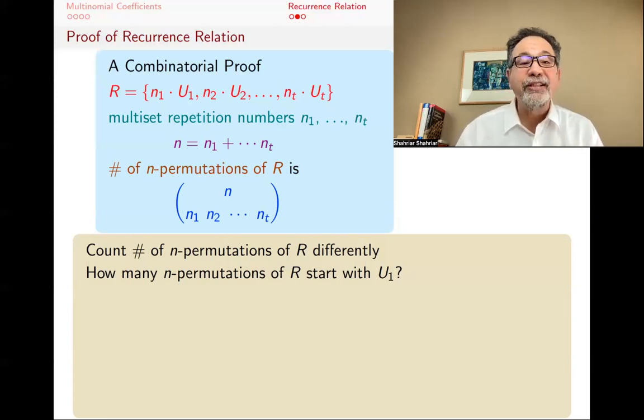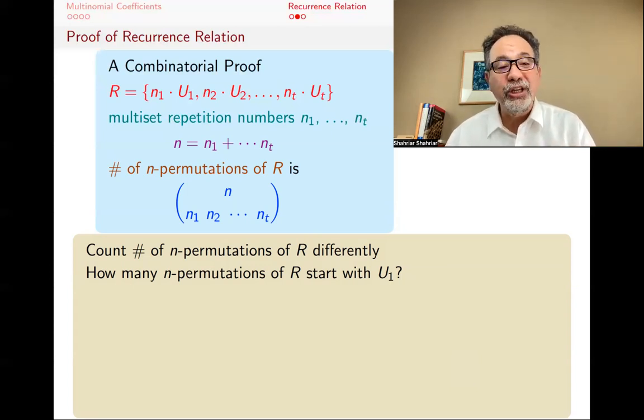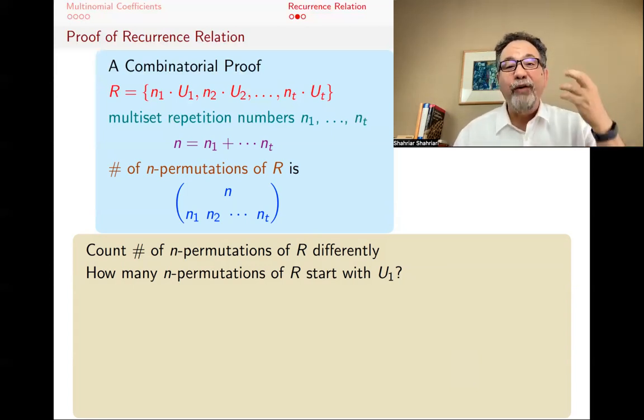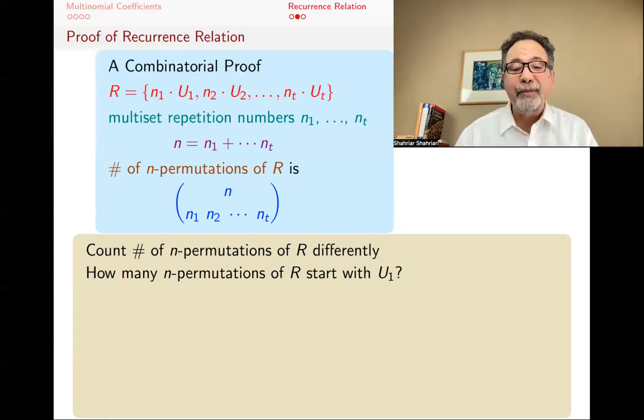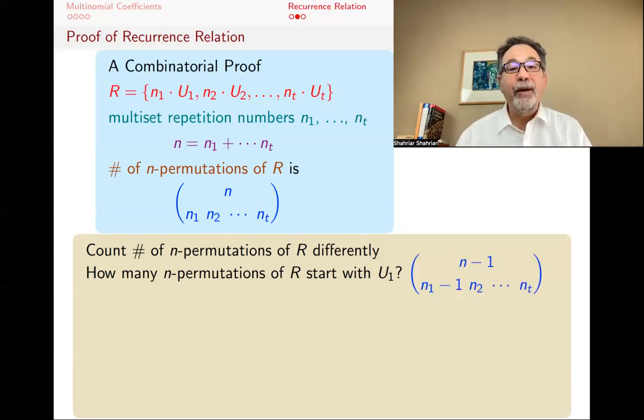What n minus 1 things? Well, the set that has n1 minus 1 u1s, and n2 u2s, and nt uts, because you just used one u1. Now you have one less u1 to place in that permutation. And therefore, the number of ways of doing that, by what we have just talked about with multinomial coefficients, is n minus 1 choose n1 minus 1, n2 through nt.